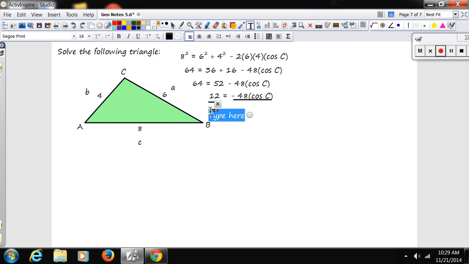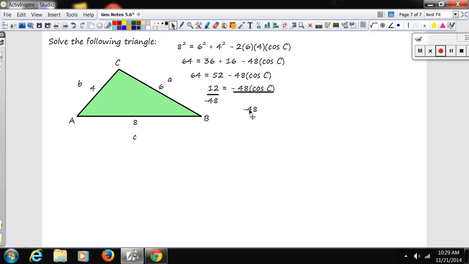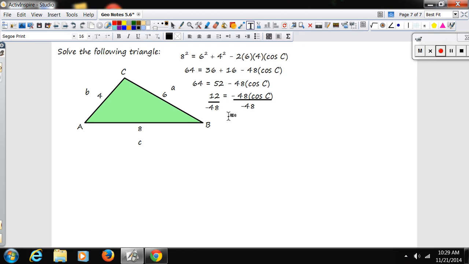Okay, so that will get the 48s to cancel out. So you're going to end up with cosine of C equaling negative 0.25 when you divide these two. 12 divided by negative 48 is negative 1/4, or negative 0.25.